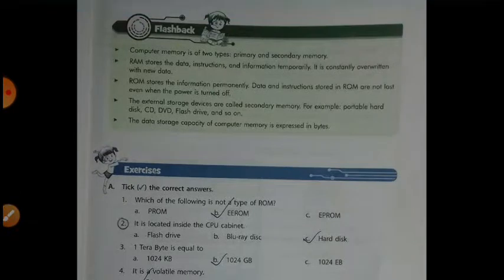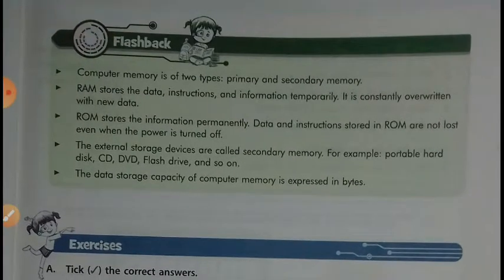Here you can see the flashback. Dear students, computer memory is of two types, primary and secondary memory. As I have already told you, the first is primary and the second is secondary memory.